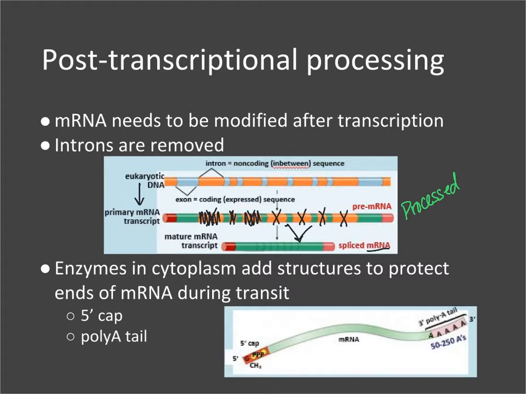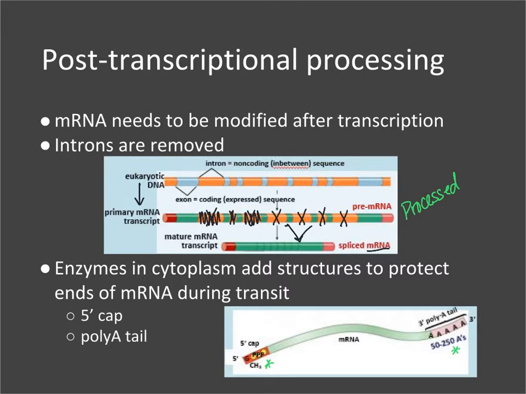Now, in addition to cutting out the introns in order to only have the exons, the ends of the RNA molecules also get some extra nucleotides added to them. You can kind of see that on this picture here.